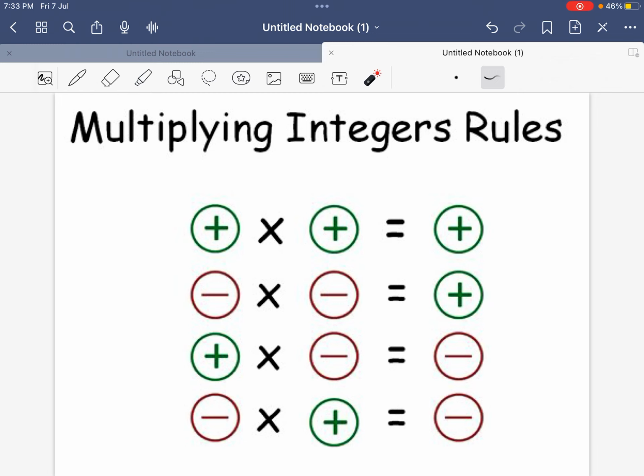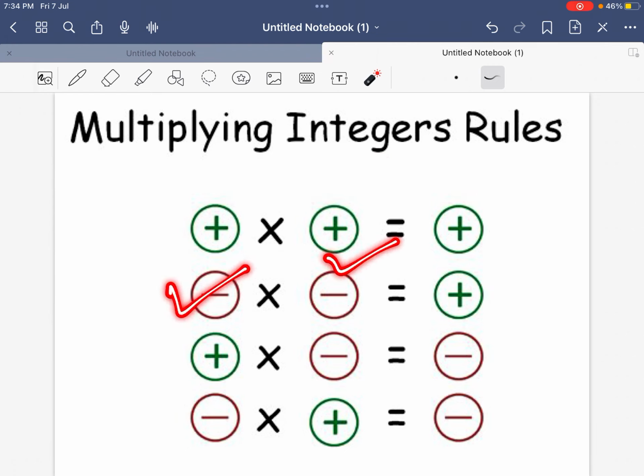So initially take an example, this is our first condition. If the first number is positive, the second number is also positive, and we are multiplying these two numbers, then your answer is also positive. So just keep in mind, positive into positive is equal to positive. In a simple way, if two signs are positive, then the answer is also positive.